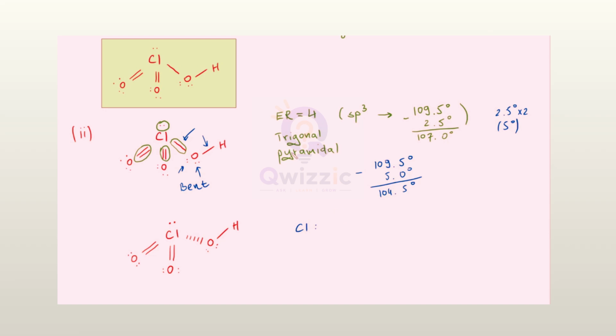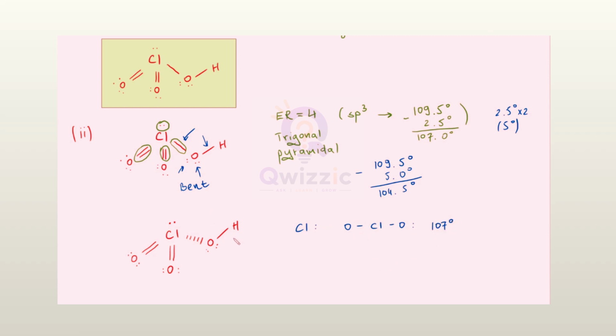We know that the geometry is trigonal pyramidal, and we have OClO bond angles. So those angles, oxygen, chlorine, oxygen bond angles, will be 107 degrees.